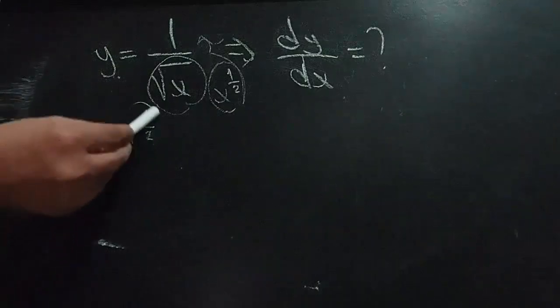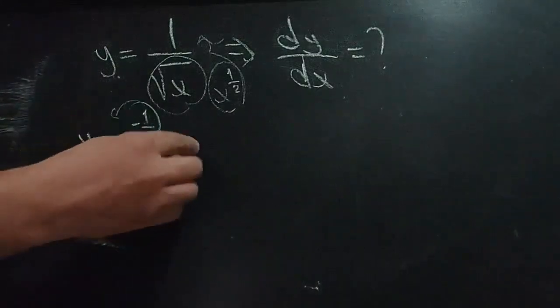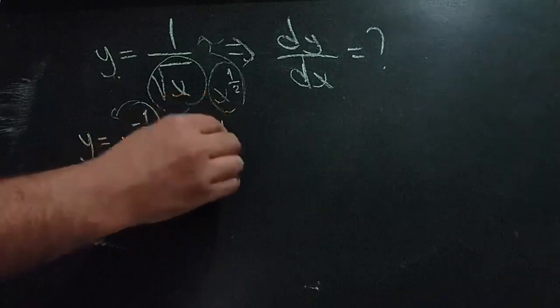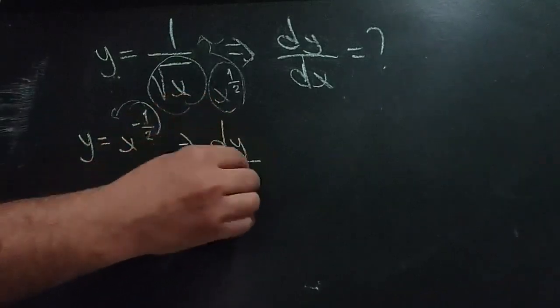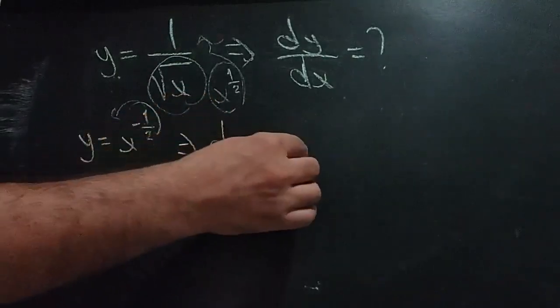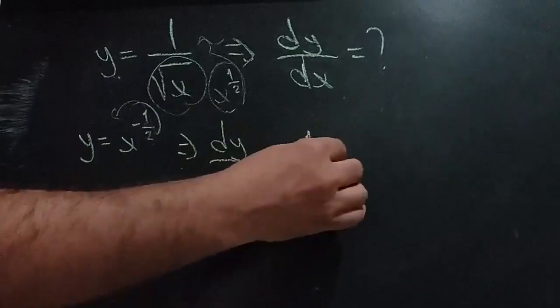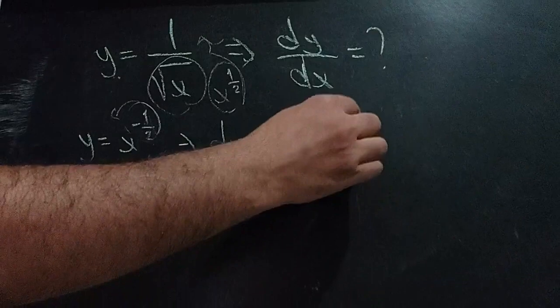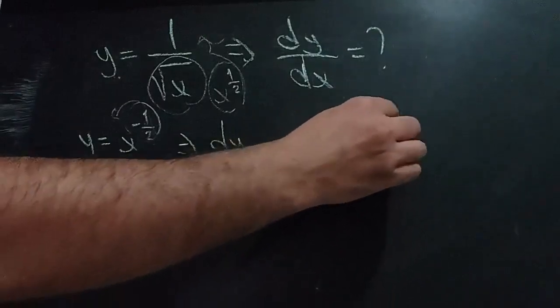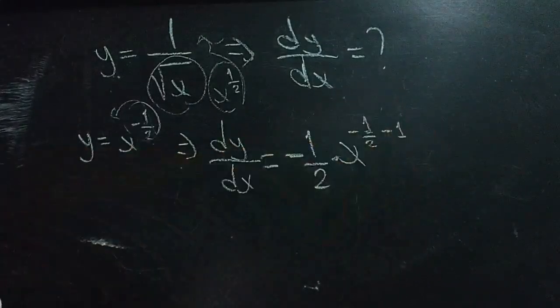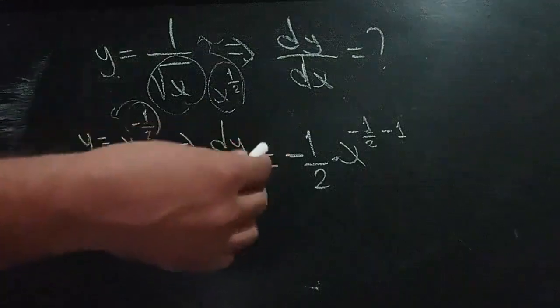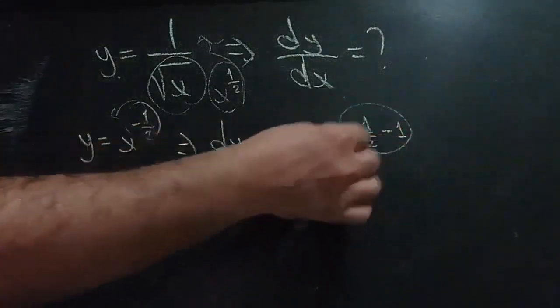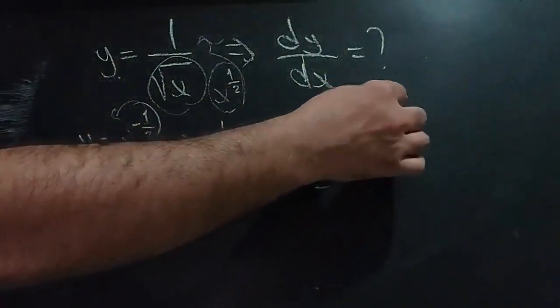Now bring this one down. dy over dx equals negative 1 over 2 times x, with the power decreased by 1, negative 1 over 2 minus 1. So that will give me negative 3 over 2.